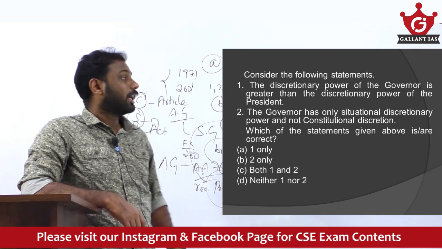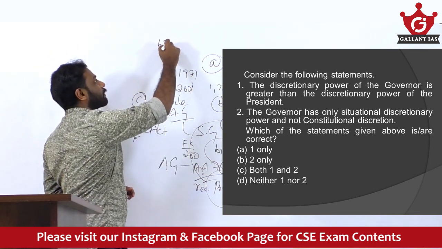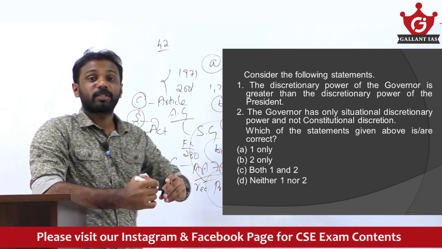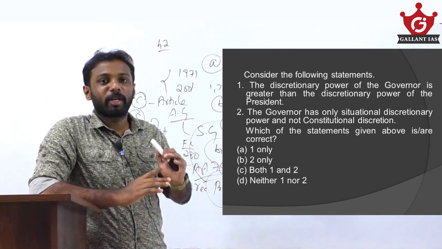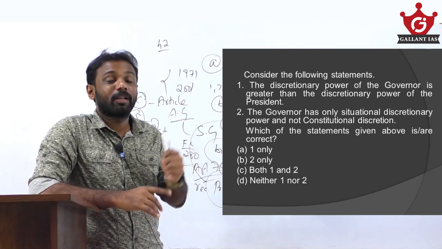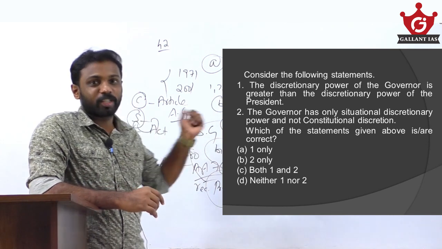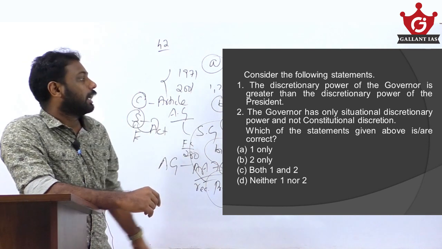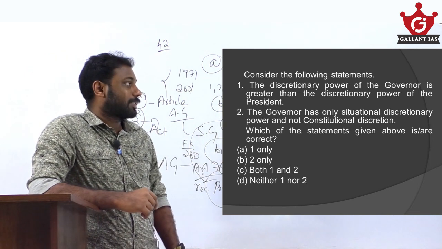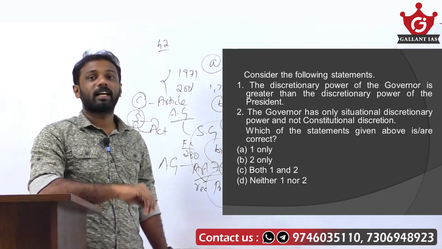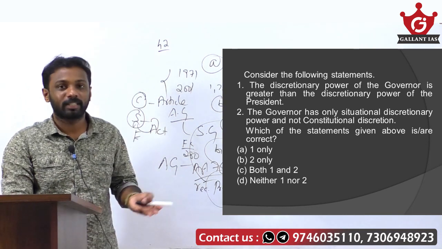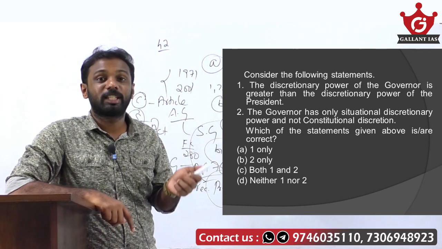Also one more thing, the 42nd Amendment Act said that the advice of the Council of Ministers is binding on the President of India. But no such binding advice is made upon the governor. That also you please note down. Fine. The governor has only situational discretionary power and not constitutional discretion. No. The governor has both situational as well as constitutional discretion, but the president has only situational discretionary power.